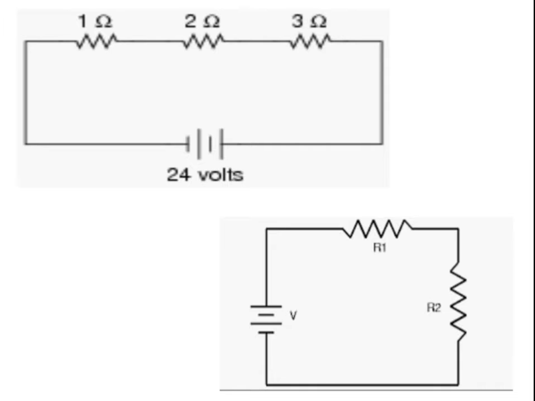In the second image there's a battery having potential difference V, and there are two resistances R1 and R2. As you can see, one end point of both these resistors is connected to each other, and the other end points of these resistors are connected to the opposite terminals of the battery.